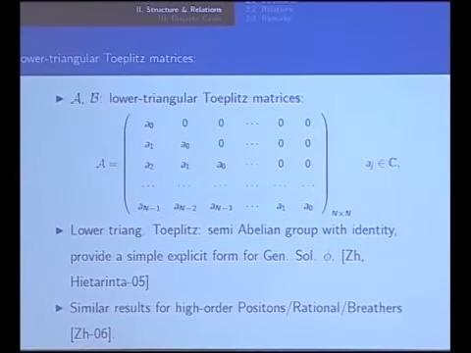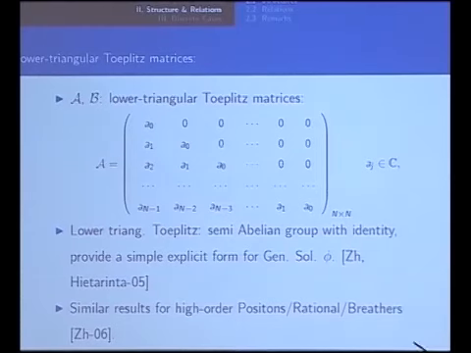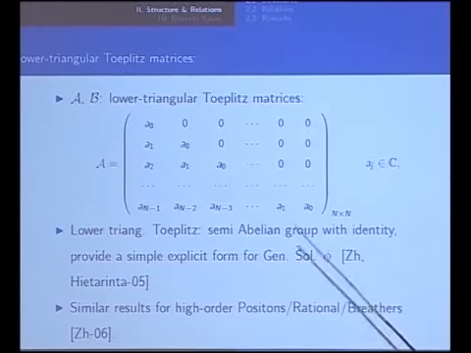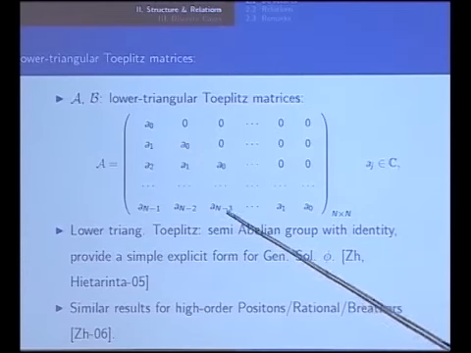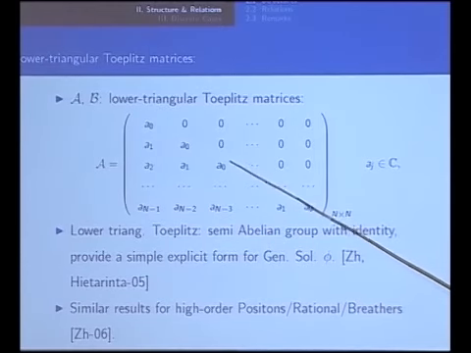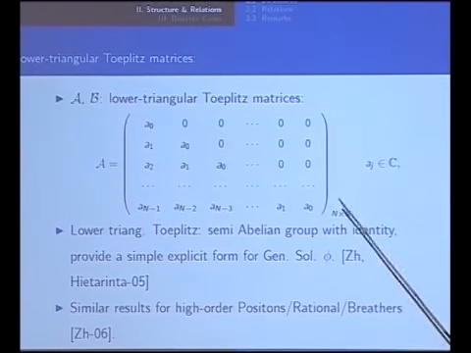Lower triangular Toeplitz matrices, where the entries here are the same, and here they are the same. The lower triangular Toeplitz matrix is a very useful form for the expression of Jordan block solutions.